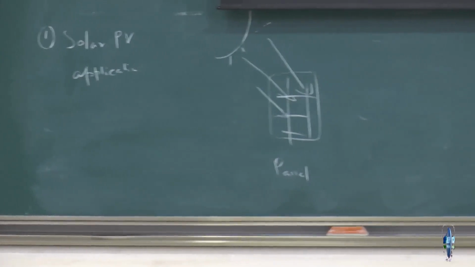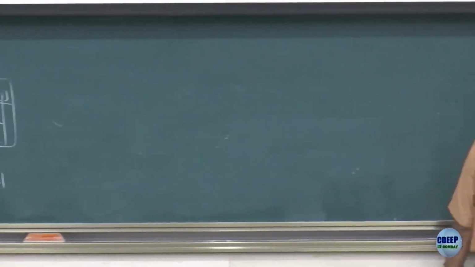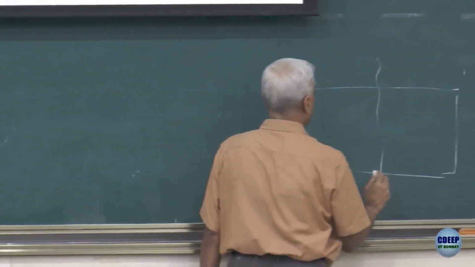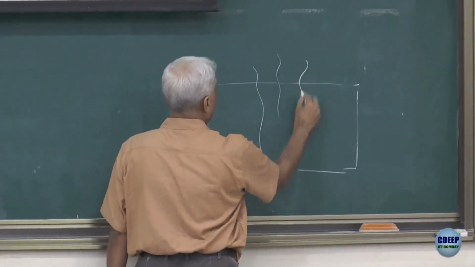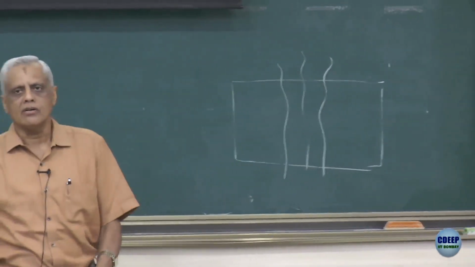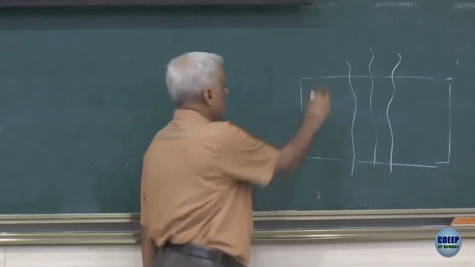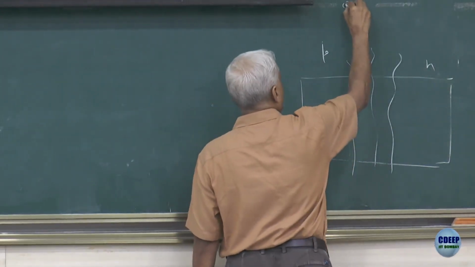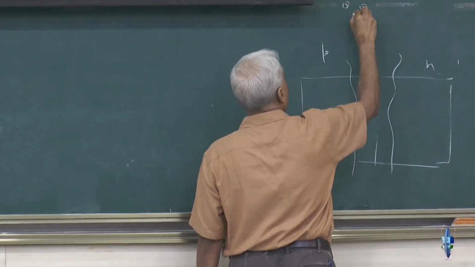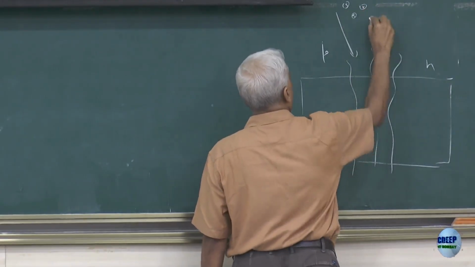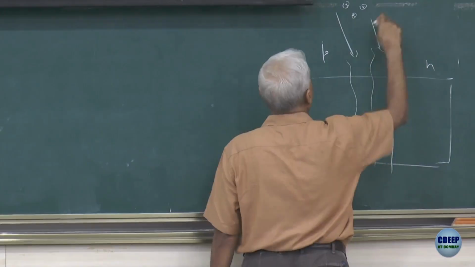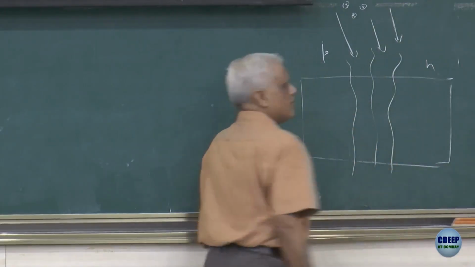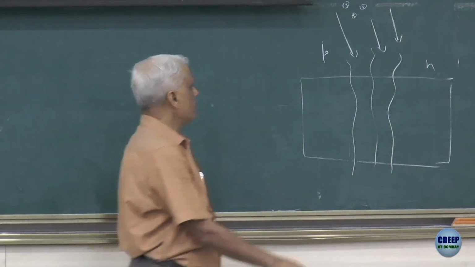now the situation will be something like this, that you have this PN junction, you have this depletion layer, the center of the PN junction. So this is P, this is N, and there are photons which are massless energy packets, full of energy, which are falling.